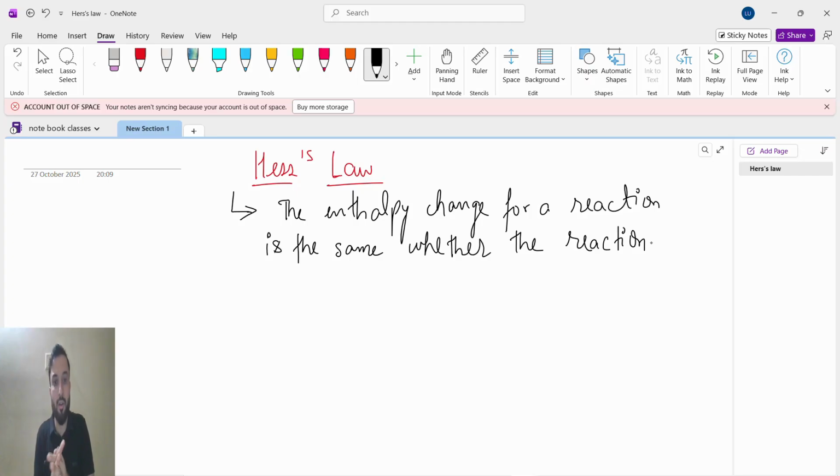Hess's law means we are talking about delta H, the enthalpy change.